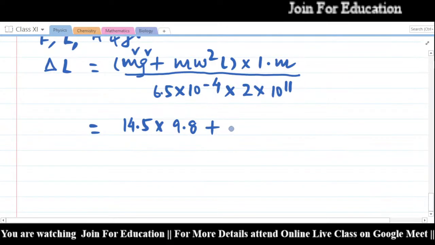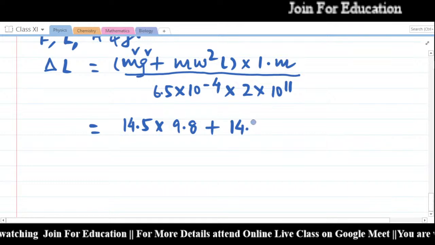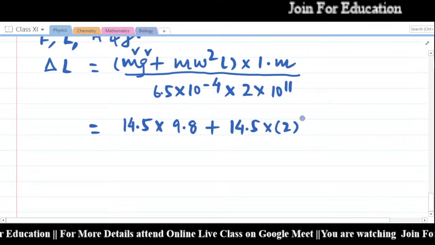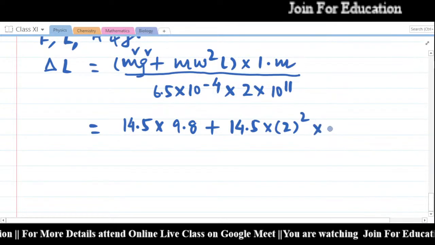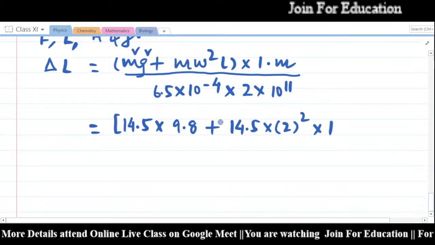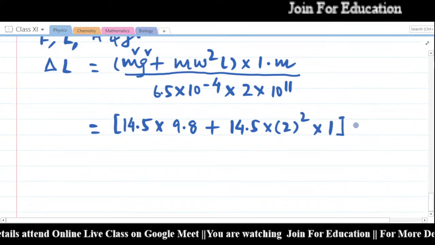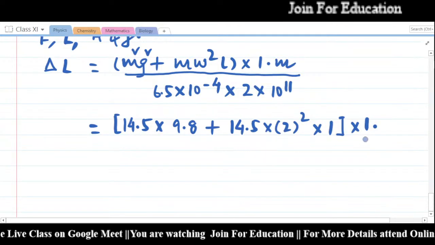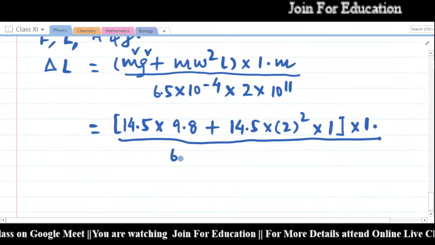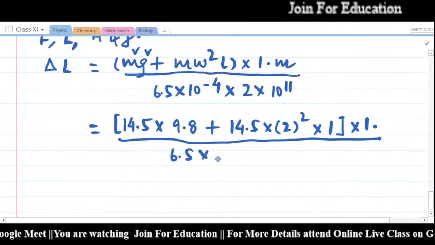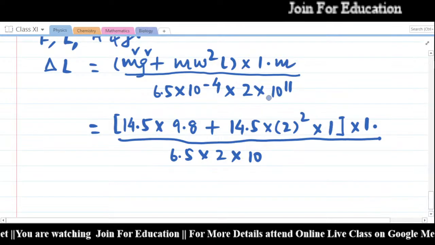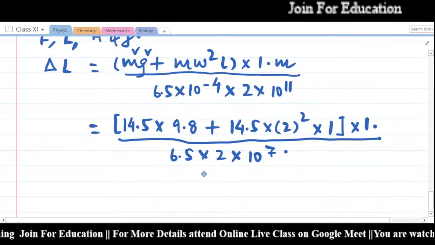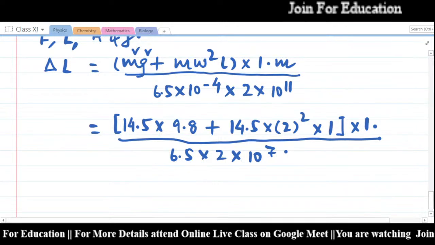Again we write down 14.5 into the value of omega, which is 2 square, and the value of L is 1, into 1 by 6.5 into 2 into 10 to the power 11 minus 4 equal to 7. There is no problem to understand up to this step.